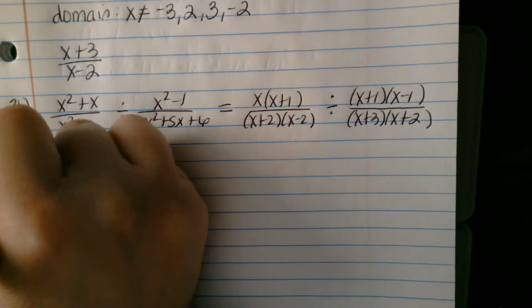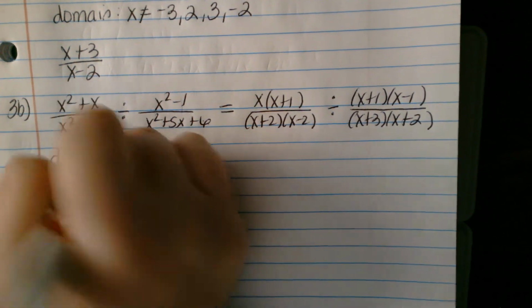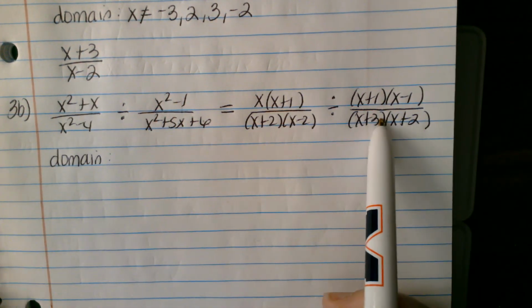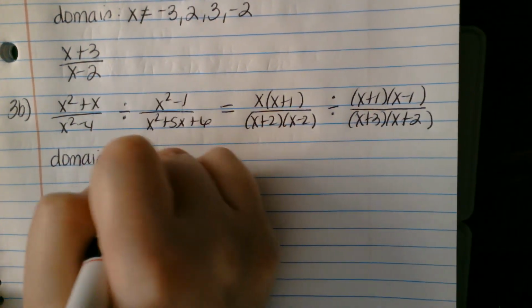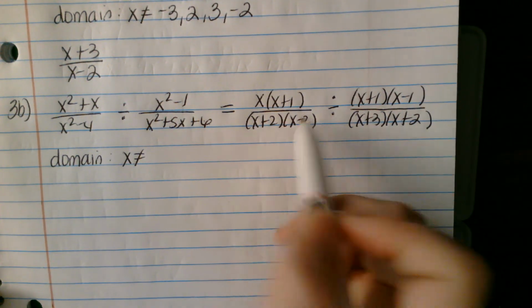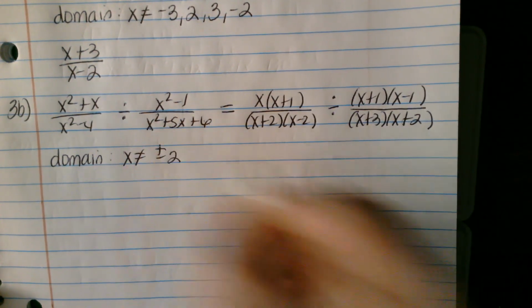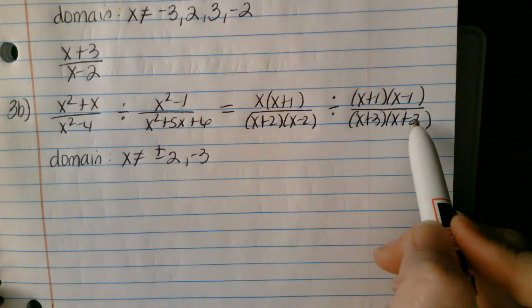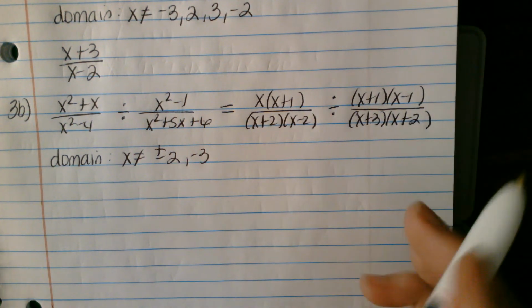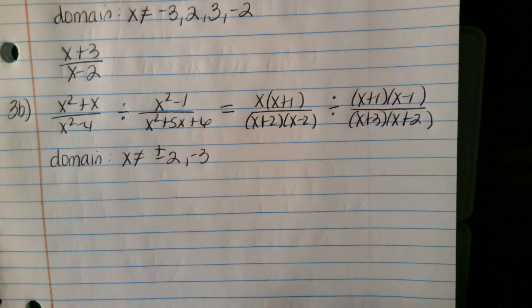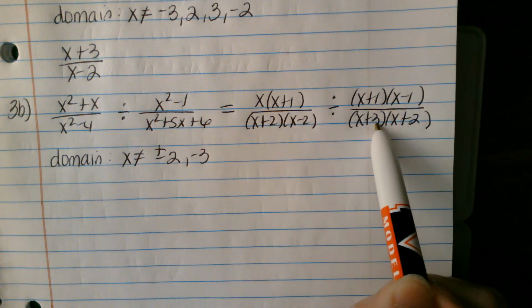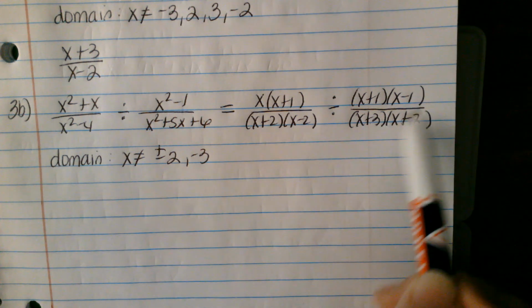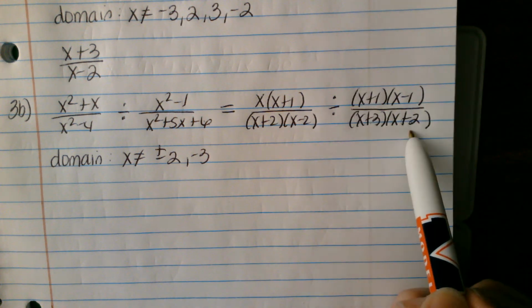Okay, so looking at the domain. We know we have to look at both denominators. So we know that x can't be equal to negative 2 or positive 2. And it can't be negative 3. And this also says negative 2. Now, because this is a division problem, remember we cannot divide by 0, which means that not only can the individual fractions not have a denominator of 0, but this whole thing can't be equal to 0 too.